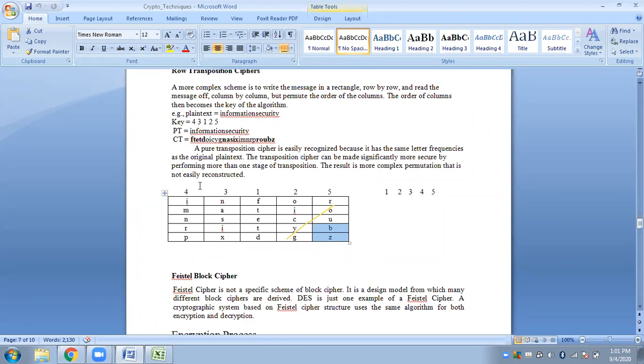As you see, you have a 5-digit number here, so you will arrange its digits in serial, ascending order, from smaller to bigger. The key needs to be arranged in ascending order first: 1 2 3 4 5.